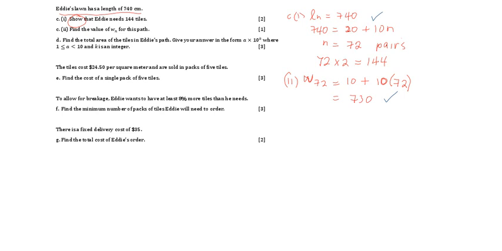Now, for letter D, find the total area of the tiles in Eddie's path. Total area of the tiles, since there are 144 tiles, letter D. There are 144 tiles, and each tile has a dimension 20 by 10.